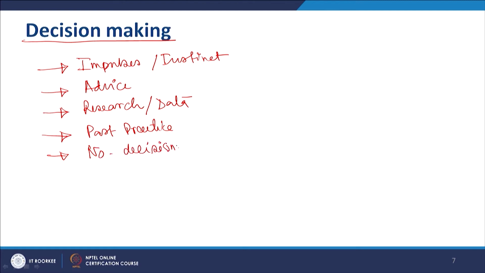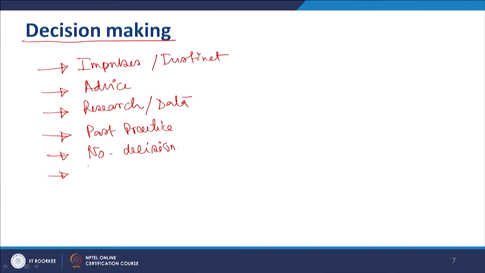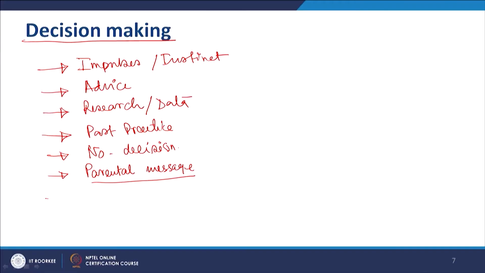This is another stand, that we decide not to decide. Maybe not taking a decision is another very important decision. Sometimes we take decisions based on parental message. The parental message is basically the message or instructions we get from parental figures like fathers, or the seniors in the office, or a very experienced person who has been working in the field for various years. Those kinds of influences also work depending on the case, and sometimes we take decisions based on consensus.